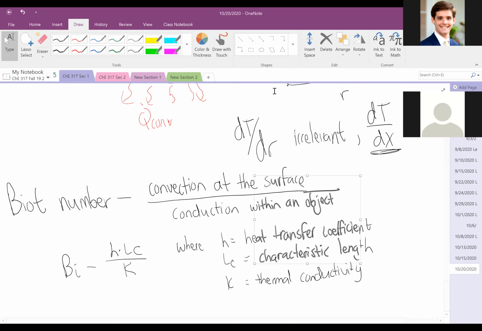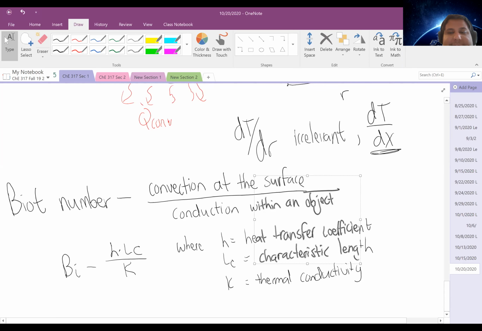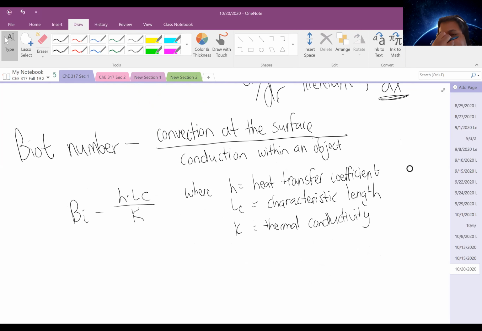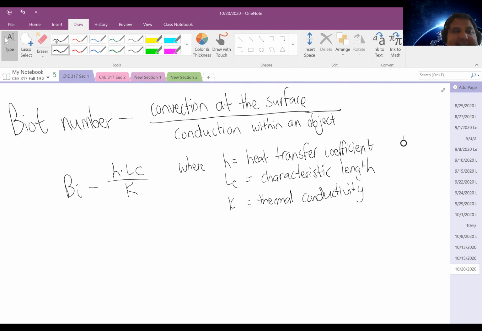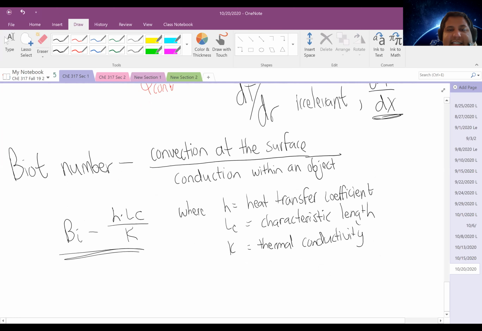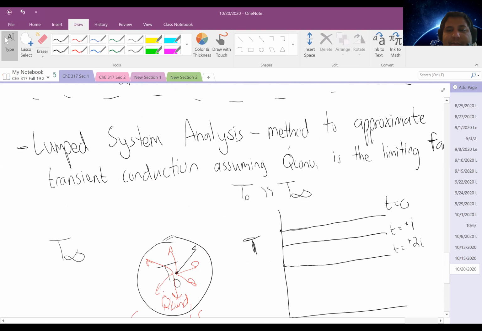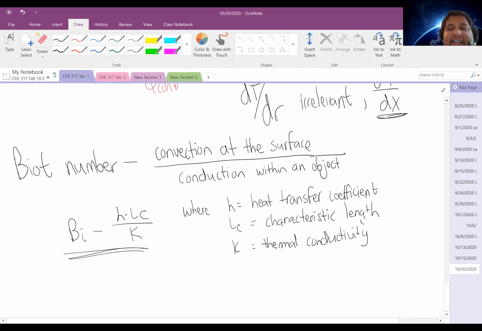Yes, we can get an idea of whether we can use a lumped system analysis through the calculation of the Biot number, which compares the convection at the surface and the conduction within an object. If lumped system applies when convection is our limiting factor, do we expect that to coincide with large Biot numbers or small Biot numbers?